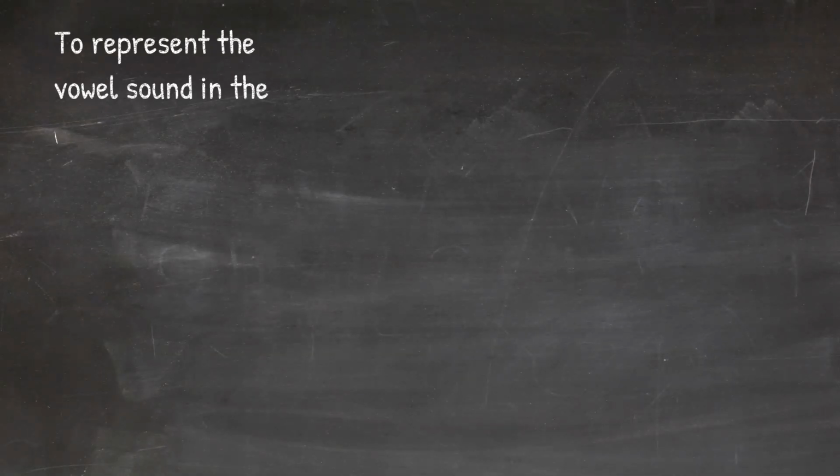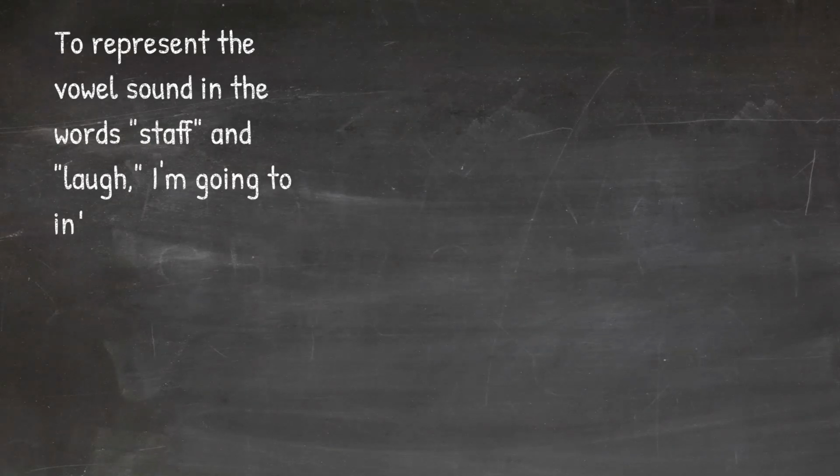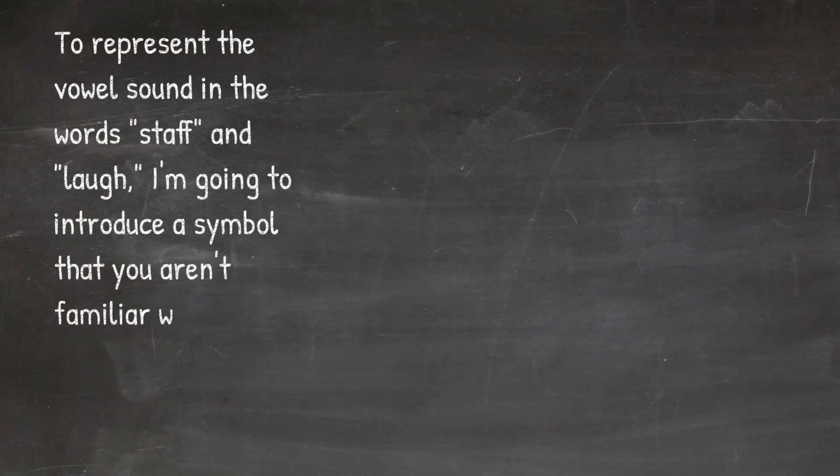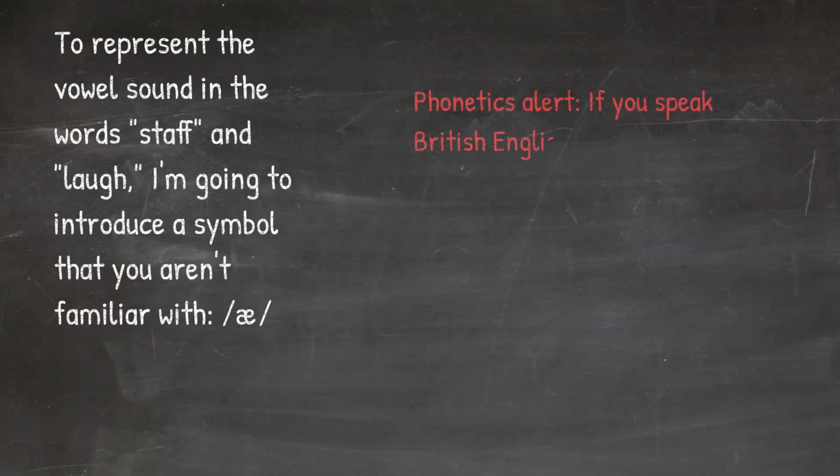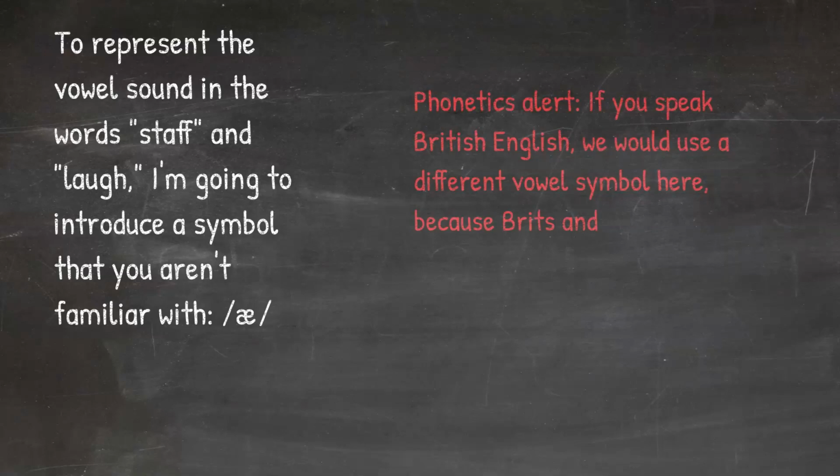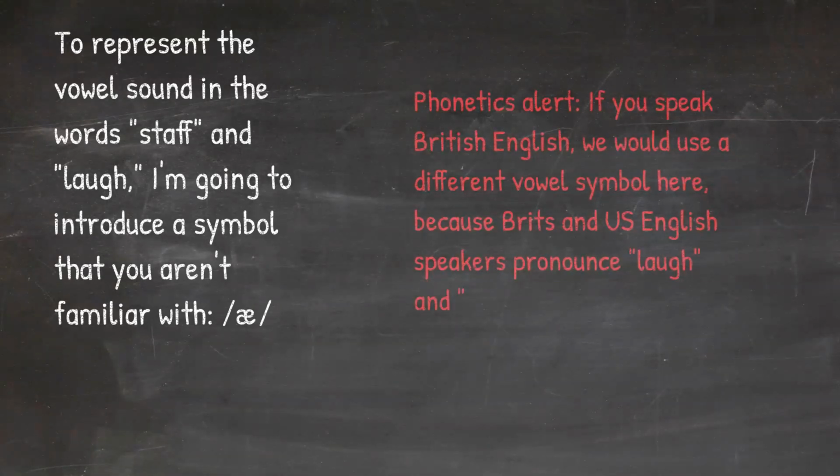To represent the vowel sound that we find in the words staff and laugh, I'm going to introduce a new symbol that you have probably never seen before, and this is a vowel symbol that we call ash. One thing to note about this that's kind of interesting is that if you speak British English, we'd actually use a different vowel symbol here because British and US English speakers pronounce the words laugh and staff quite differently.